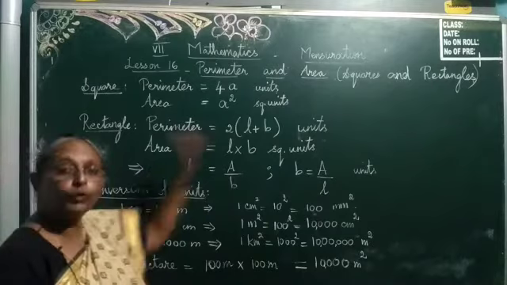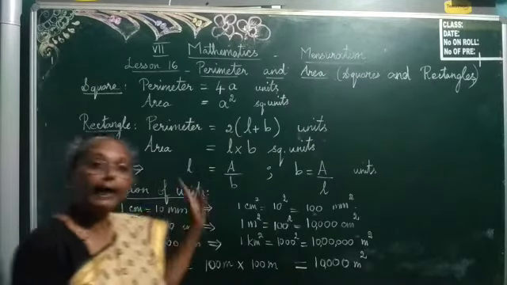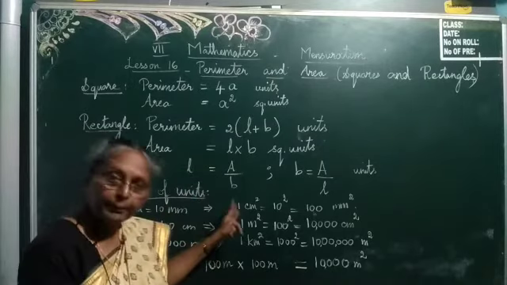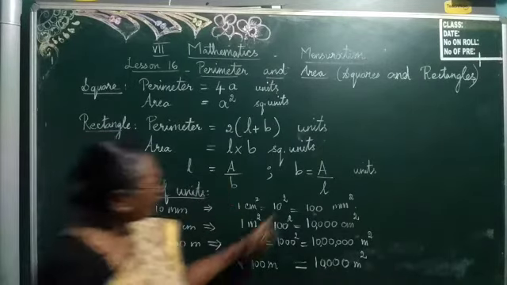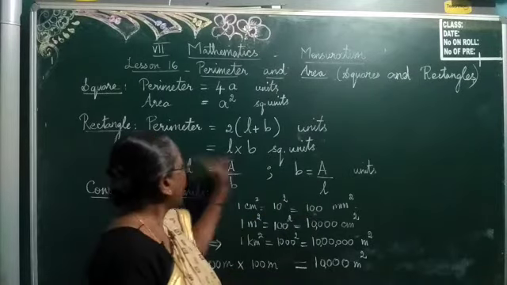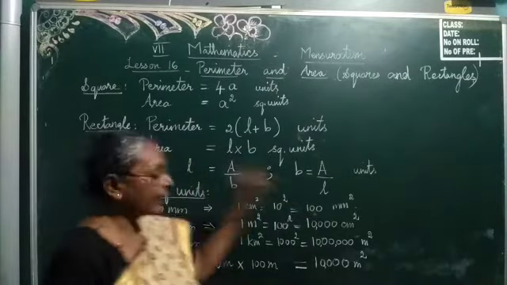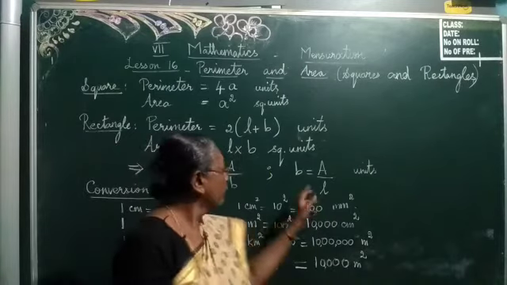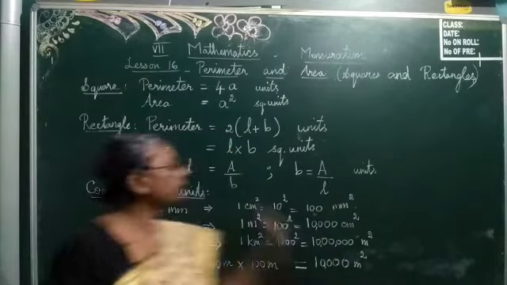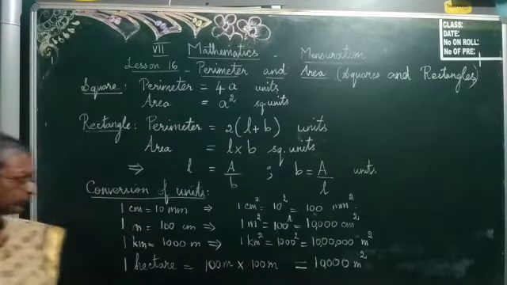If B goes that side, it will become A by B. So L is equal to A by B if A is area. Same way, what will be B? B will be equal to A by L. If L goes that side, it will become A by L. So B is equal to A by L units. So these two are derived formulae.